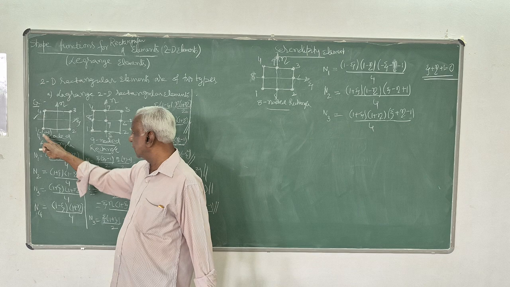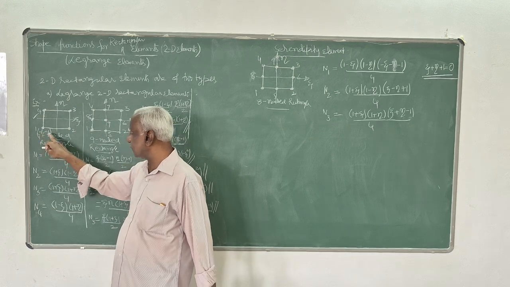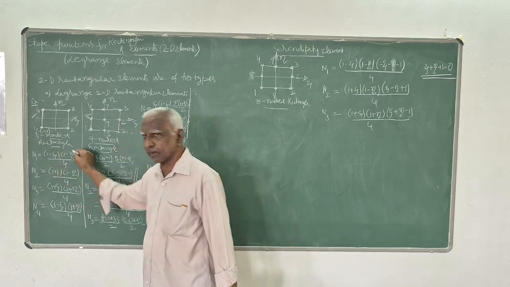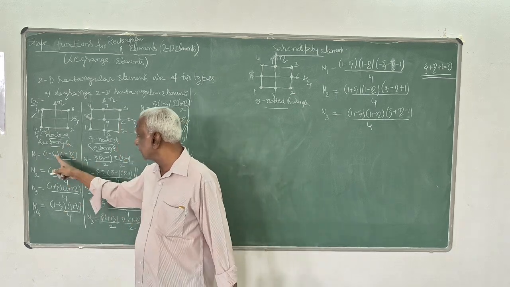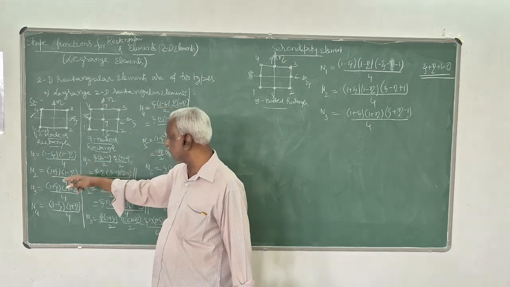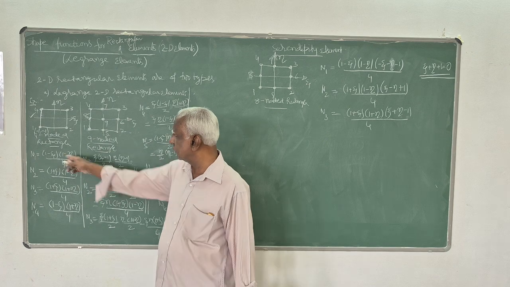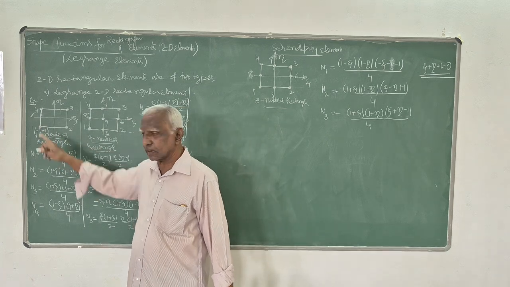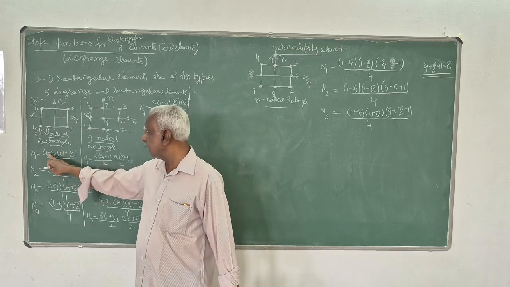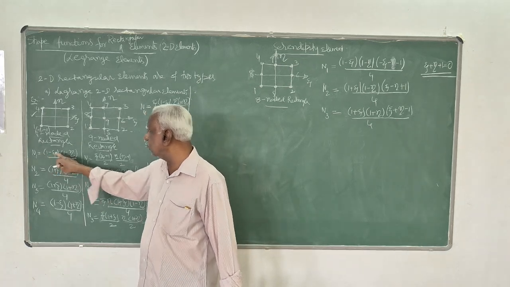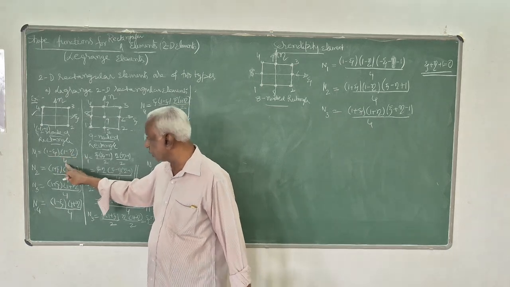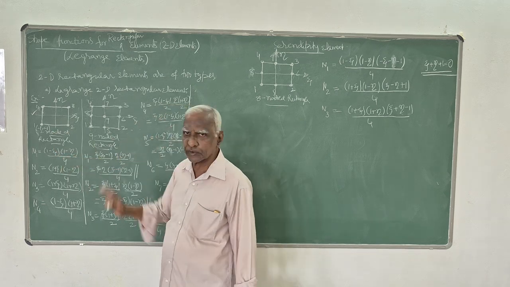If you substitute them, you will find the value of N1 becomes 1. So 1 minus of minus 1 is 2, and again 2, so 2 into 2 is 4, 4 by 4 is 1.